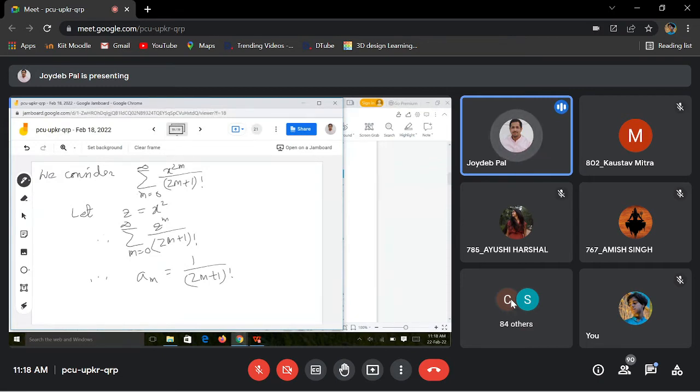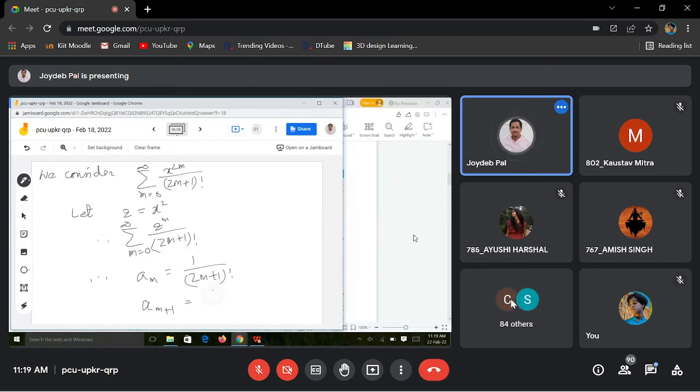So I am going to use the second formula. If you apply the first formula, it will be complicated; the limiting term will be complicated. So better to use the second formula. So what is a_(m+1)? If you know a_m, then you can find a_(m+1). Put m equal to m plus 1 in a_m.